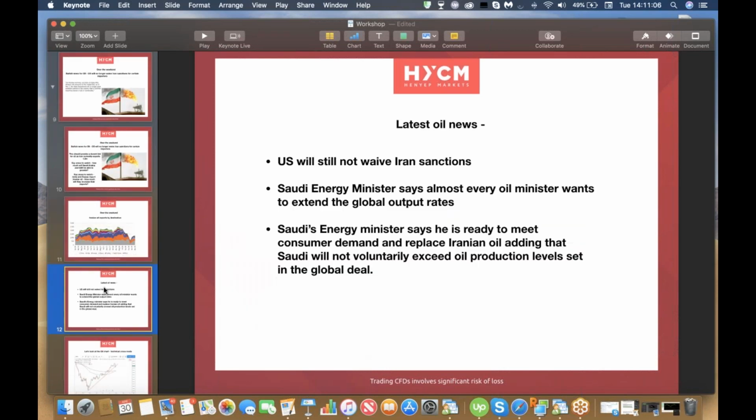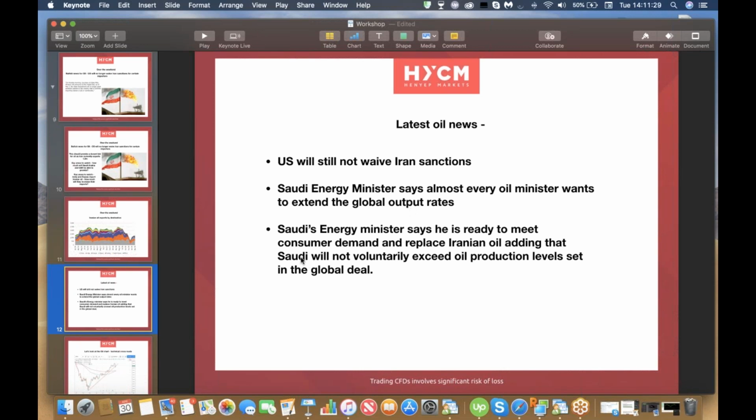So, looking at the latest oil news, this is going right up to this week. The Saudi energy minister said earlier in the session that almost every oil minister wants to extend the global output cuts. So in other words, Saudi is saying that all the oil ministers want to extend those OPEC cuts.